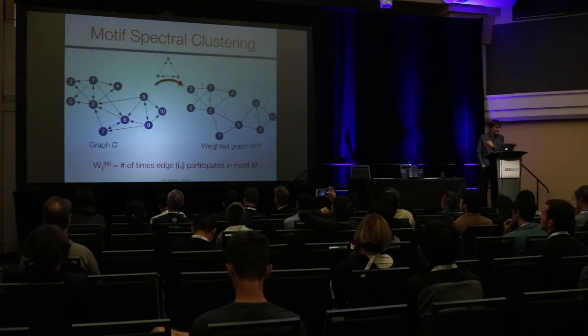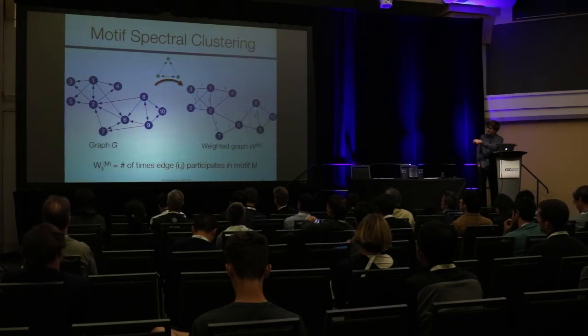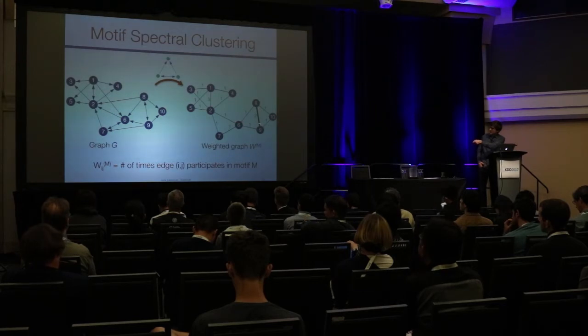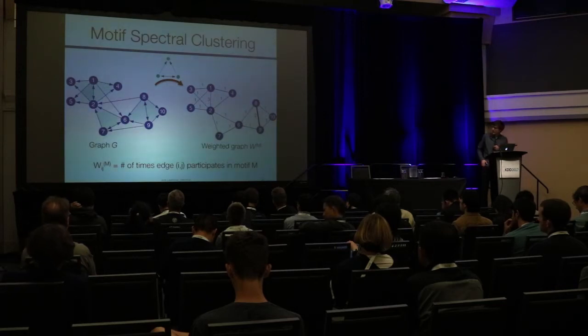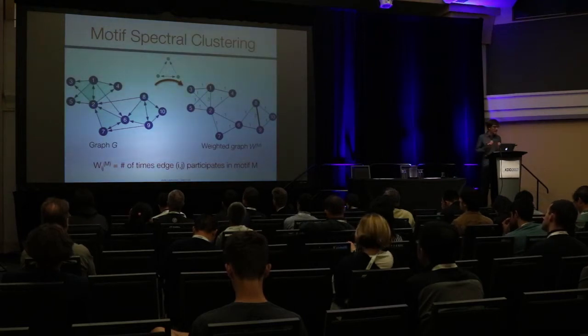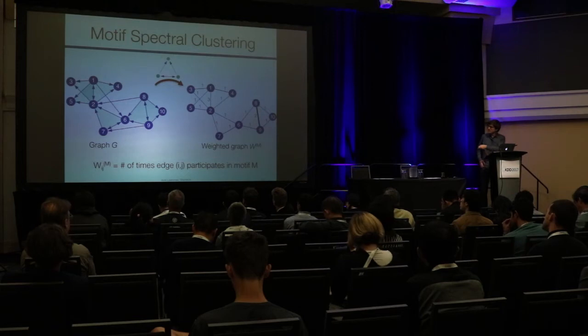Okay? So now, this is a weighted undirected graph, where every edge has a weight. And you can ask, why does this edge here have weight 2? That's the edge there, and the reason it has weight 2 is that if I look at the instances of this particular motif in my original network, that particular edge 8, 9 participates in 2 instances of that motif, right? 2 instances of my triangle.